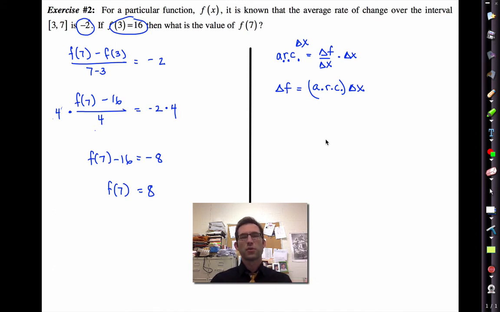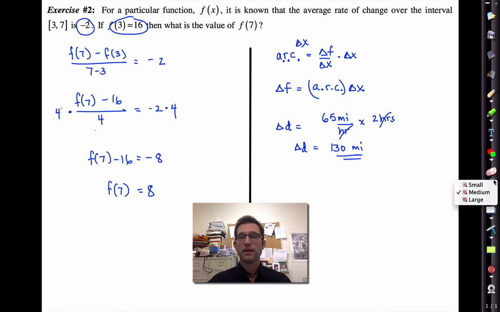You all understand this perfectly well. If I have a car that's moving on average 65 miles per hour, and let's say I have a change in time of 2 hours, then I find a change in distance of 130 miles. It's exactly the same idea here, okay? Exactly the same idea.